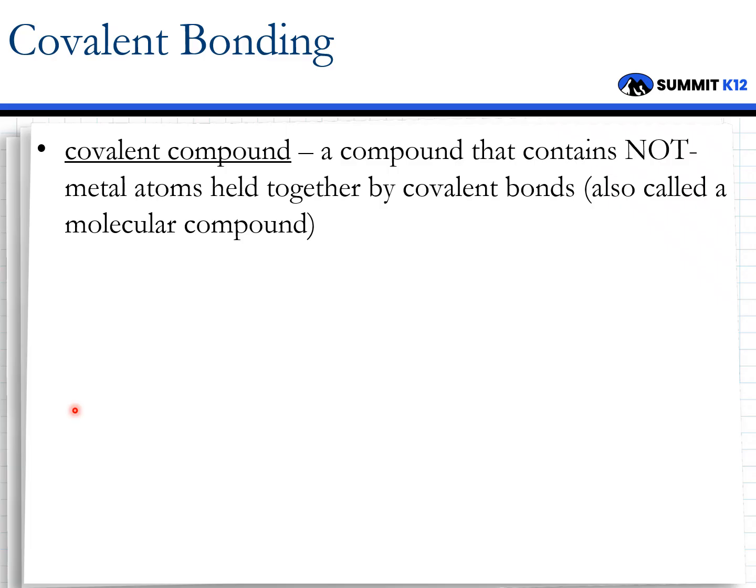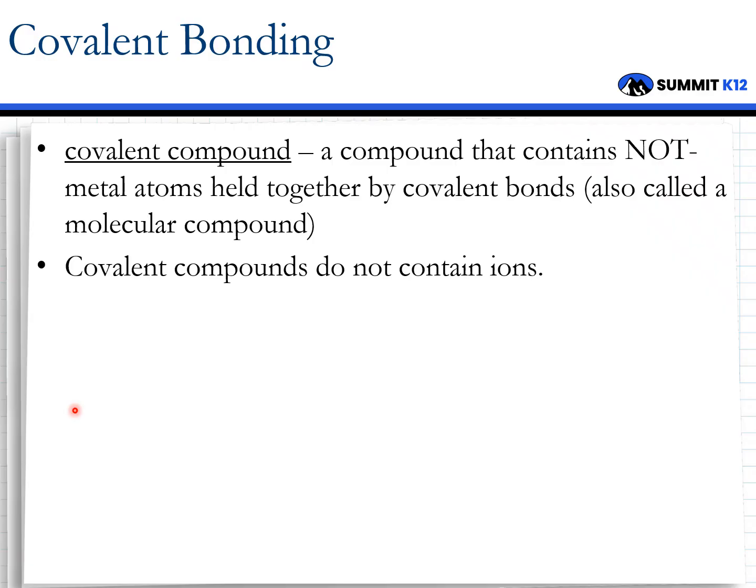So, covalent compounds are compounds that contain non-metal atoms held together by covalent bonds, also known as molecular compounds. Covalent compounds do not contain any ions.